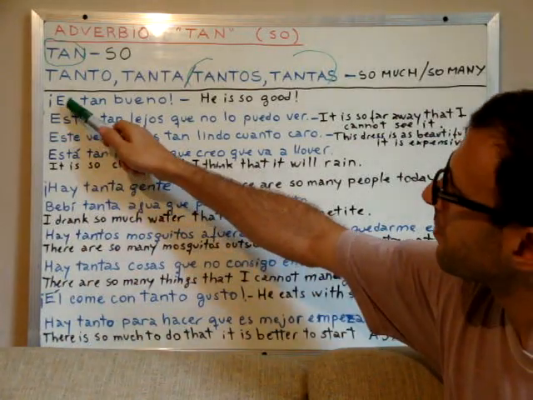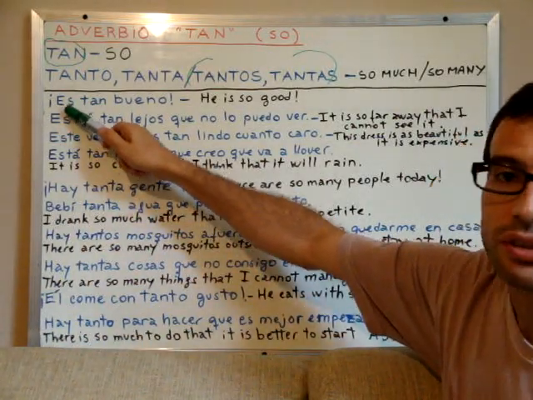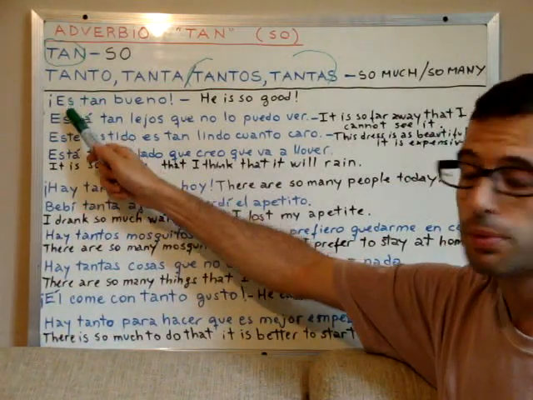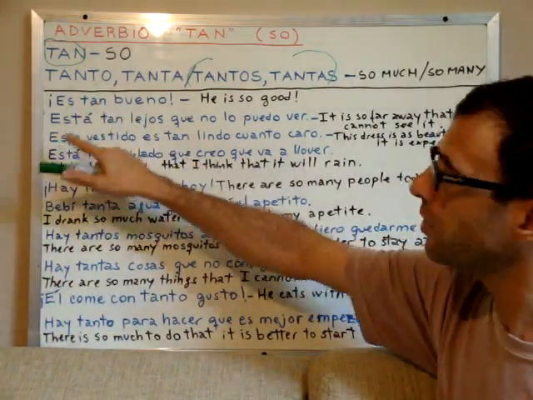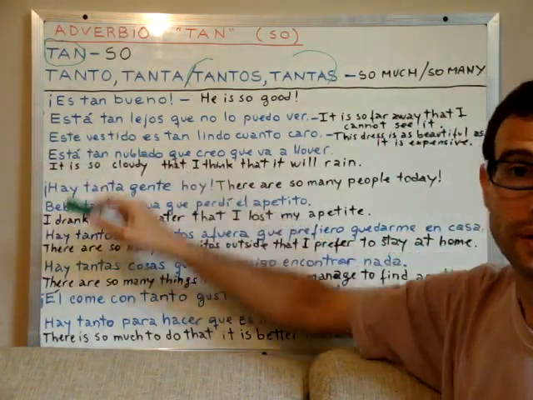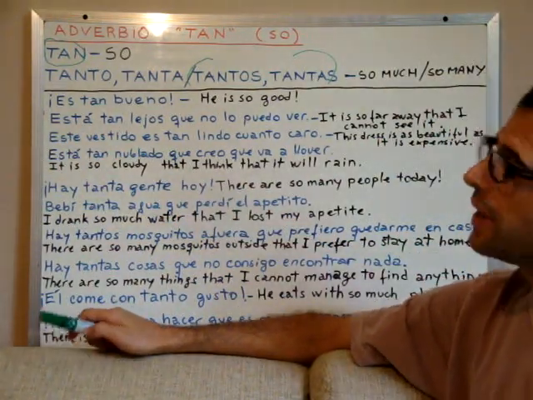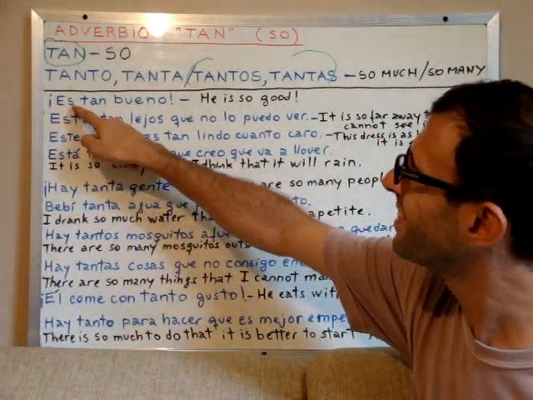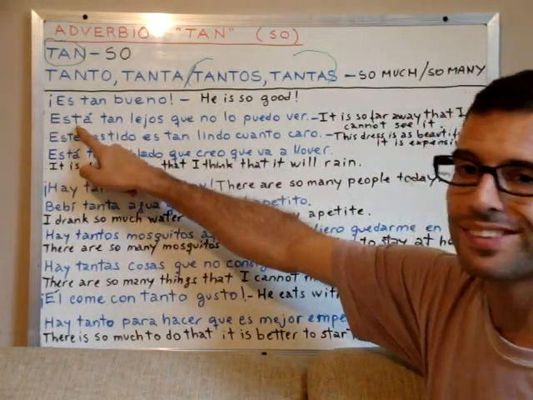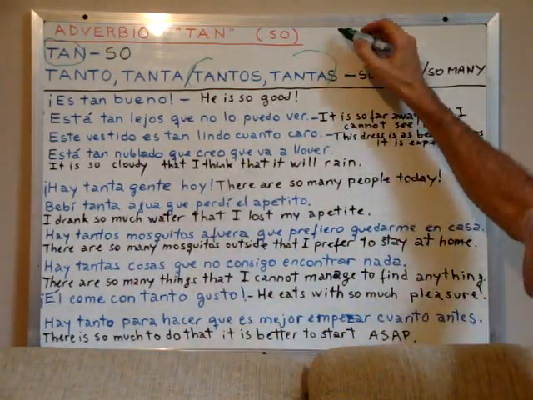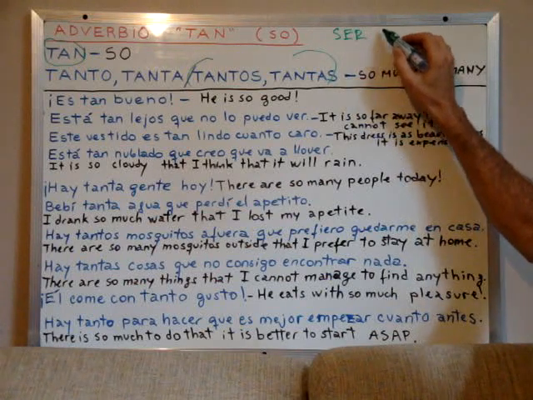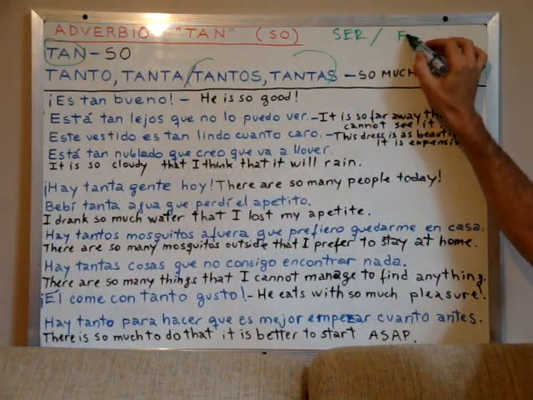Now something else. Here in English, these two translate using the verb to be, right? He is so good and it is so far away, the verb to be. But in Spanish, I'm using two different verbs. The verb ser and the verb estar, okay? The first sentence is the verb ser. The second one, verb estar.